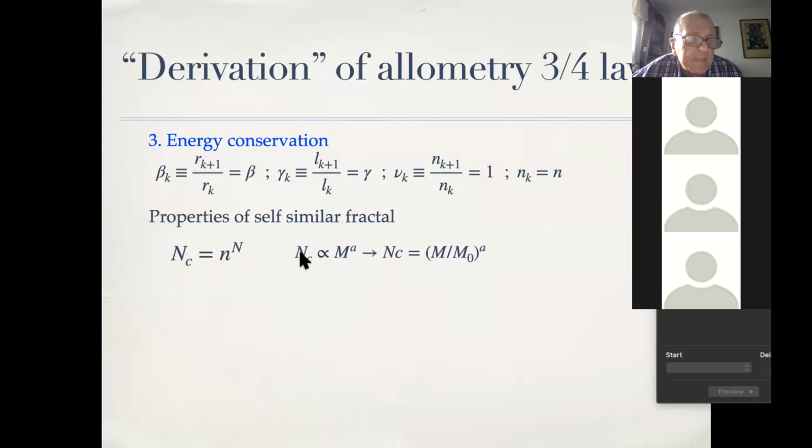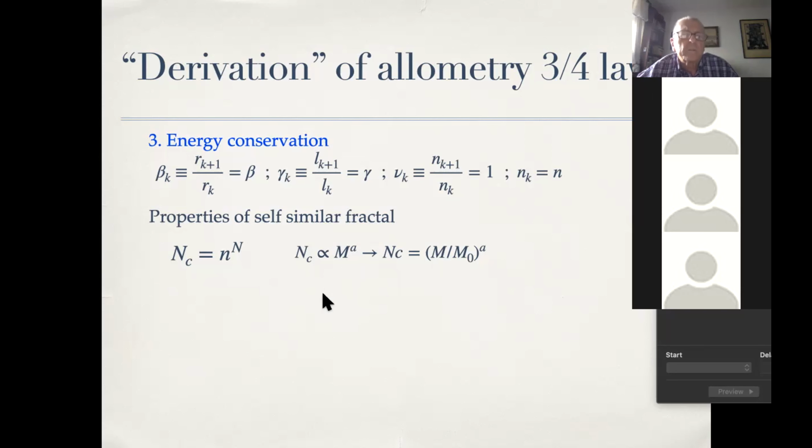Since the number of tubes in the capillary layer is proportional to the mass with the exponent A, I mean, it's proportional, but they are different by dimensions. This is a number, and the mass is measured in kilograms. So I cannot write an equation equating apples and peaches.